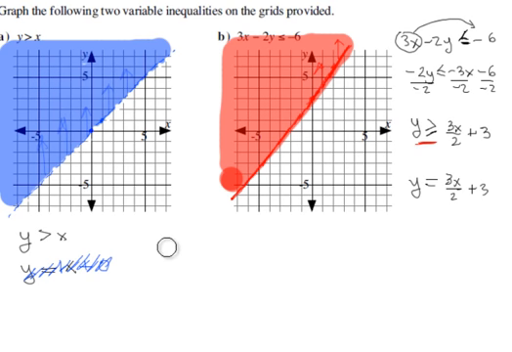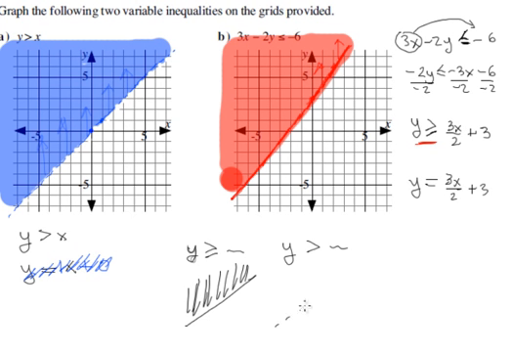So, in other words, here are the four things that can happen. Y is greater than or equal to some line. That will look like a solid line, and it'll be shaded above. You can have y is greater than a certain amount, then you get a dashed line, which is shaded above.